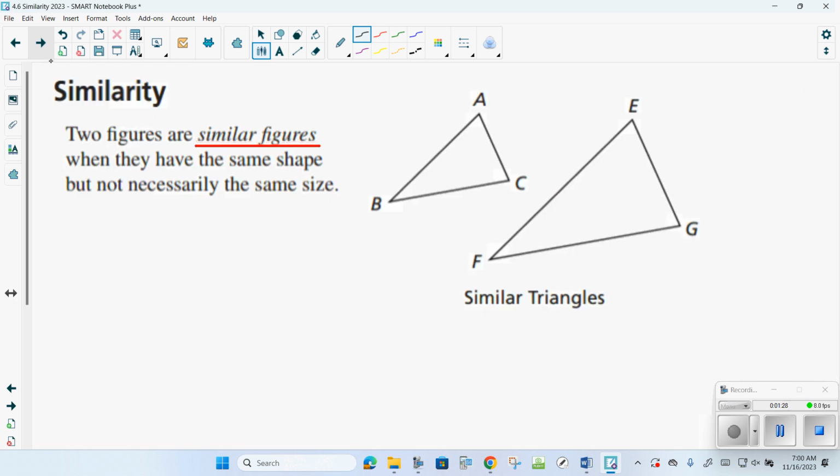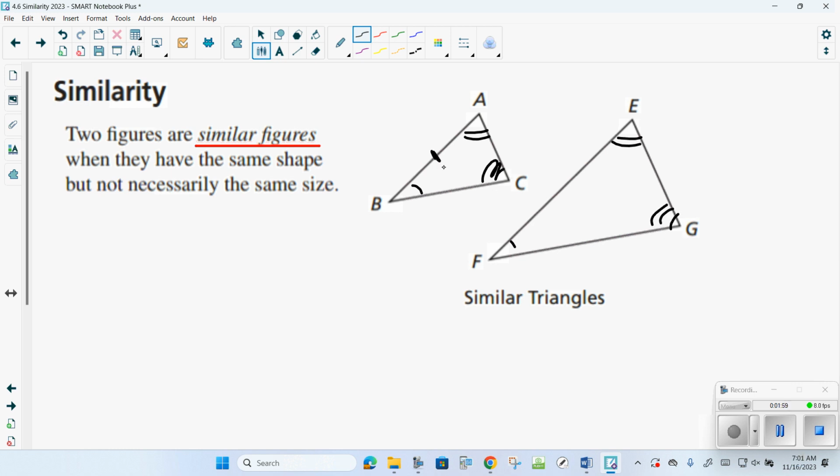Two figures are similar figures when they have the same shape, but not necessarily the same size. So this is not congruent. Congruent means same shape and same size. This is just the same shape. A dilation would create similar figures because ultimately all the angles would be the same, but the lengths would all be different.